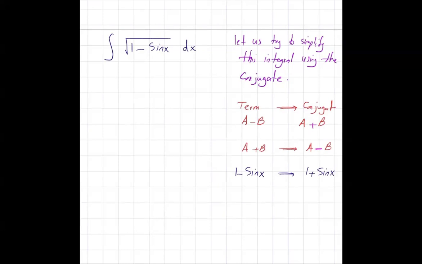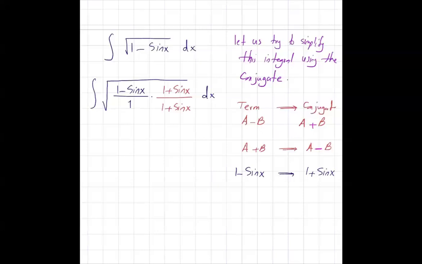I'm going to multiply both the numerator and the denominator. There is no denominator. Invisible denominator is equal to 1. And I'm going to have everything inside the radical, so I'm going to use a large radical. I have 1 minus sine x divided by 1. Now I'm going to multiply by 1 plus sine x and also divide by 1 plus sine x, dx.